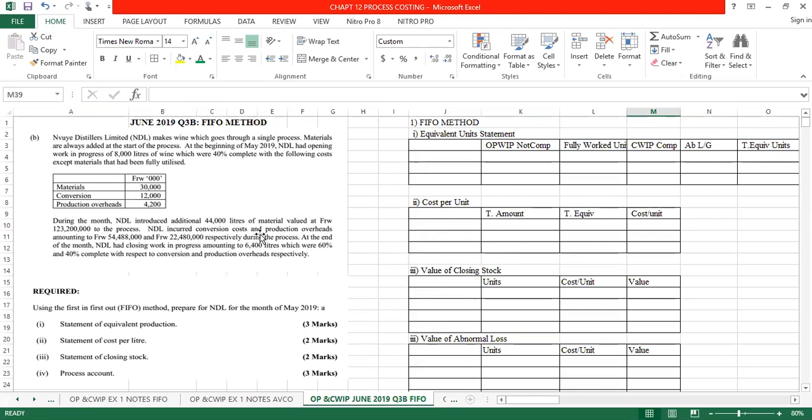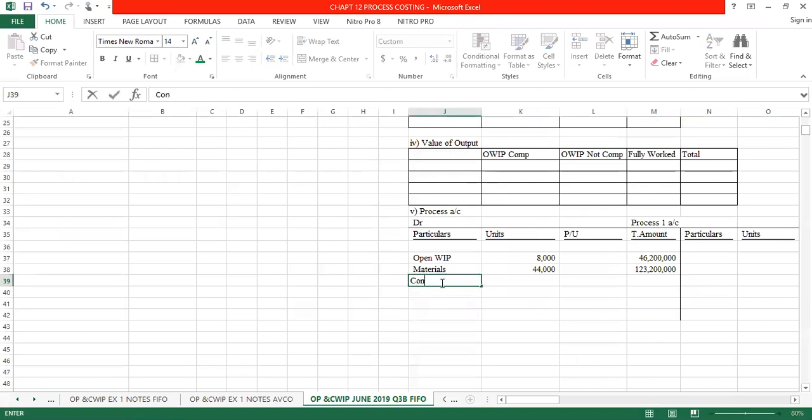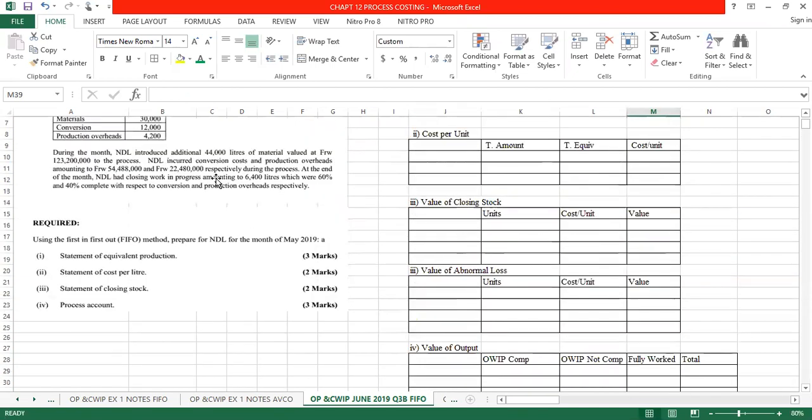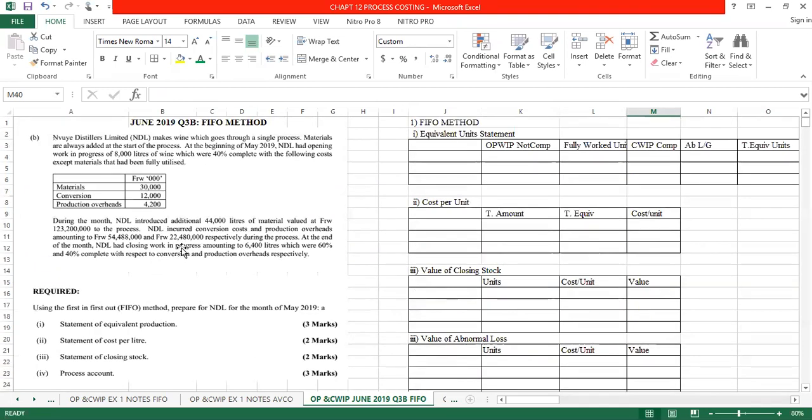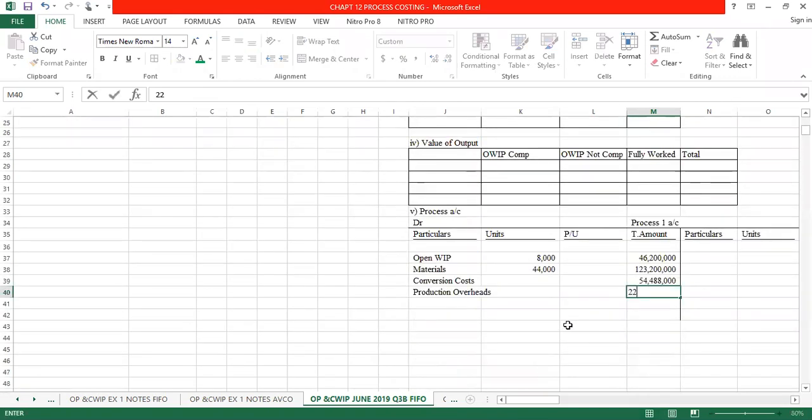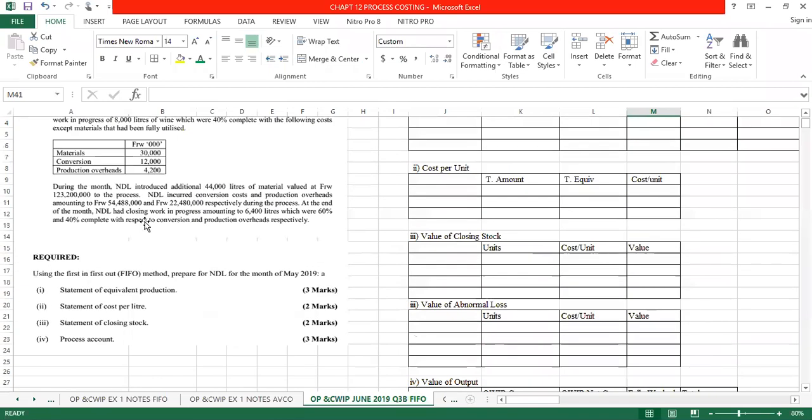So conversion costs 54,488,000, I hope I've picked it right, and production overheads 22,480,000. Let's continue. We are almost finishing.